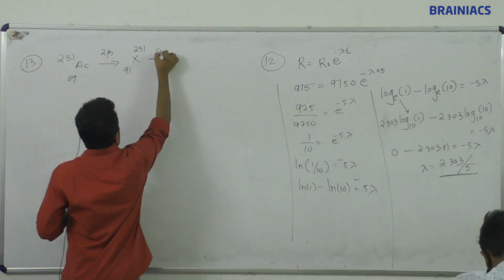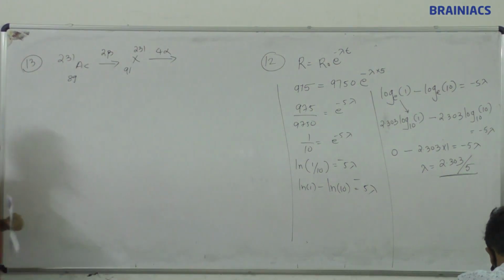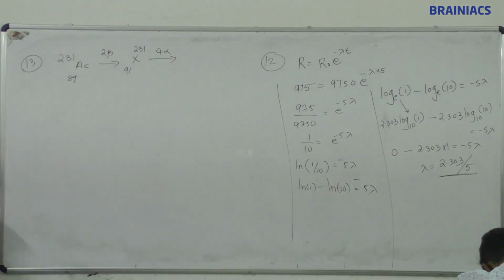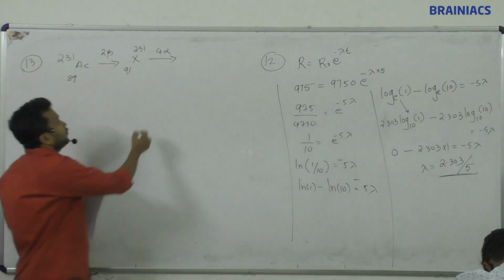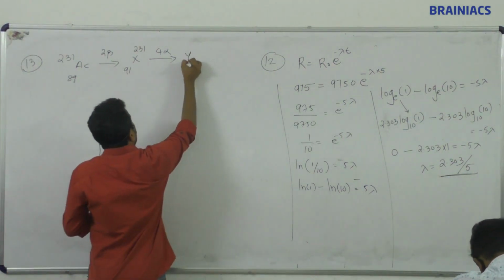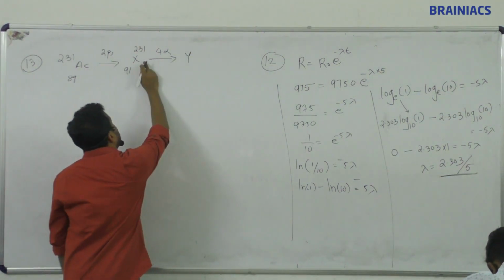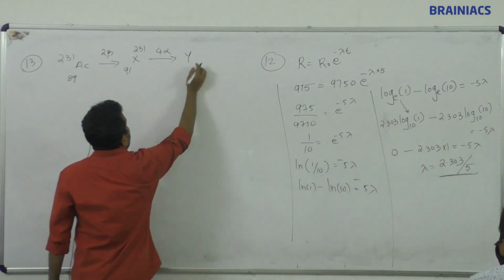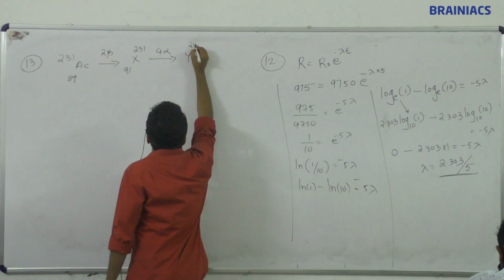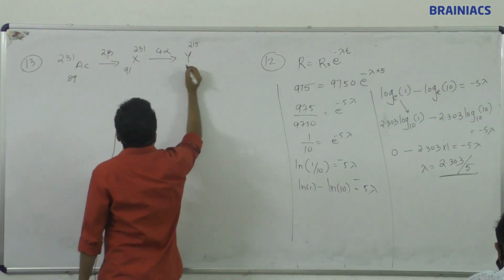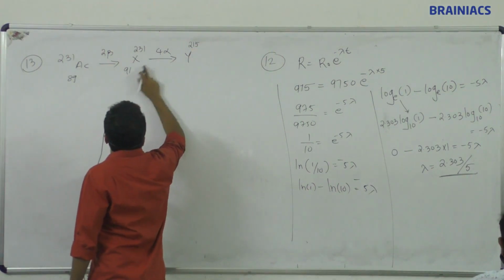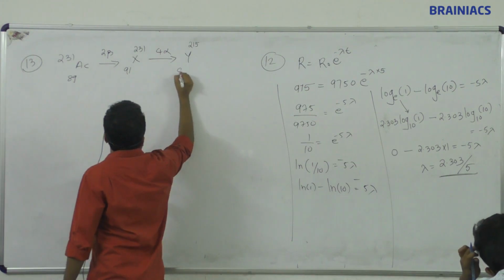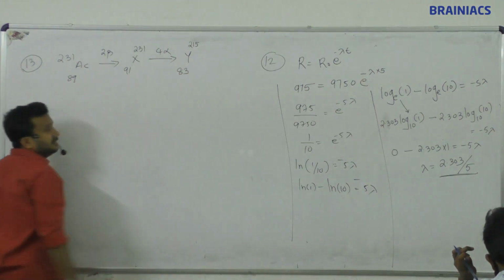Then it is emitting 4 alpha. 4 alpha means atomic number decreases by 4 into 4, 16 times. So I am representing another element called Y. 231 minus 16 gives 215. This 91, with 4 alpha, becomes 83.